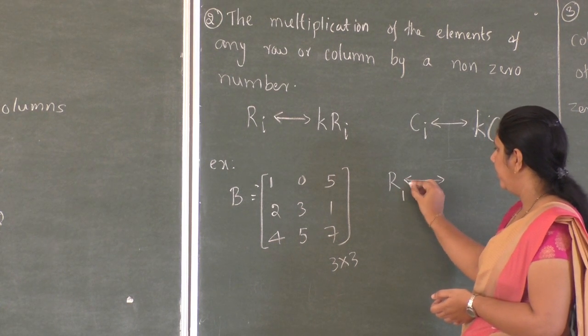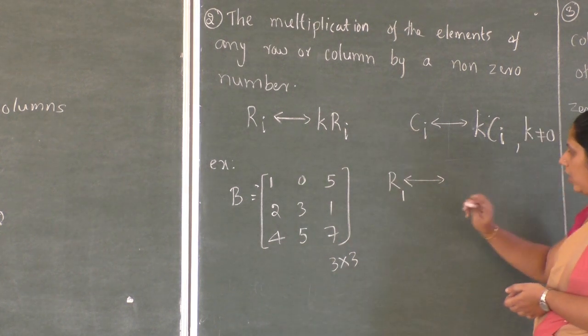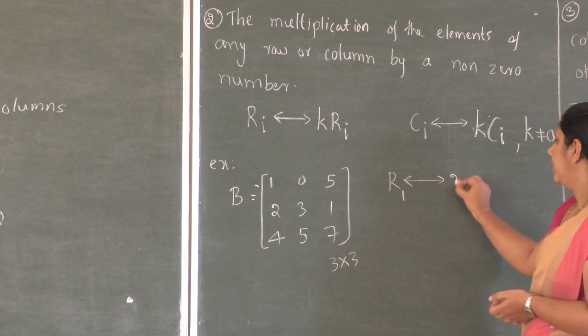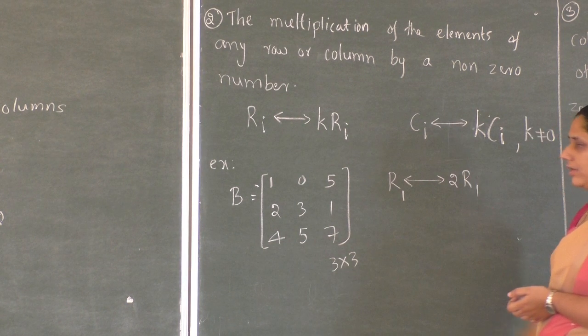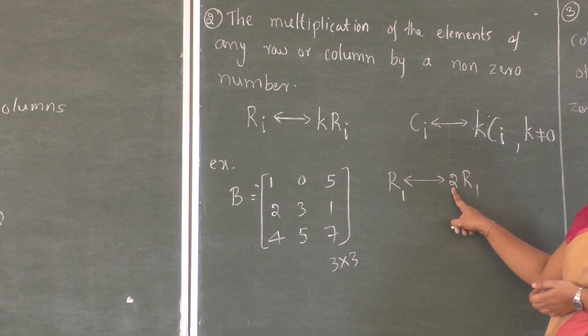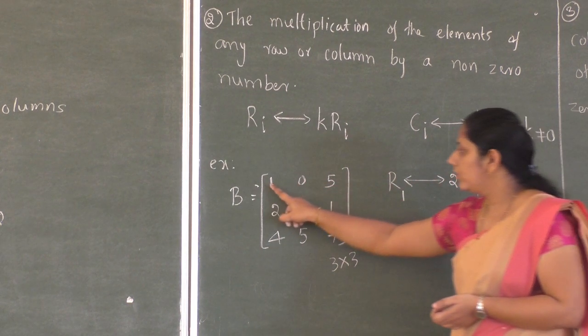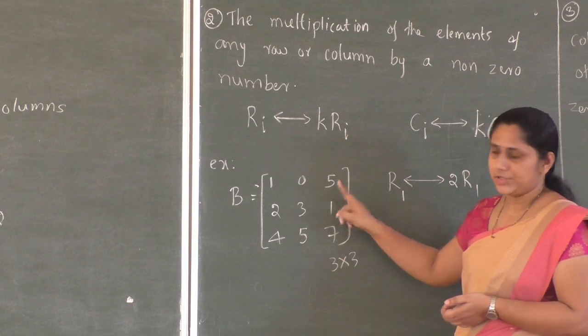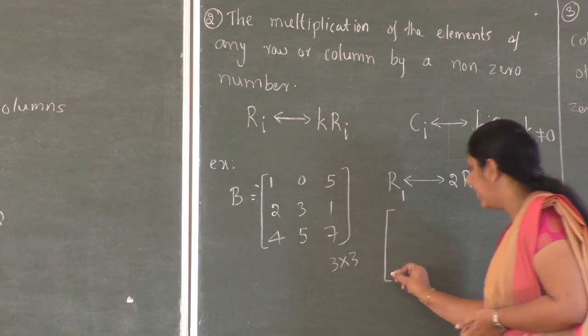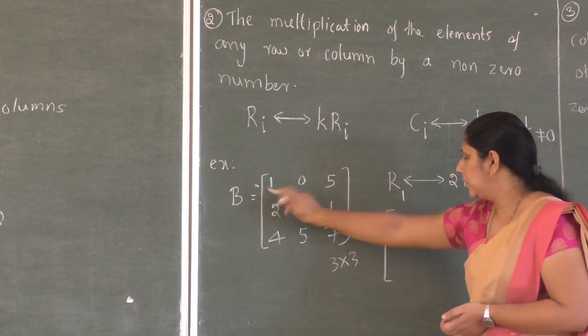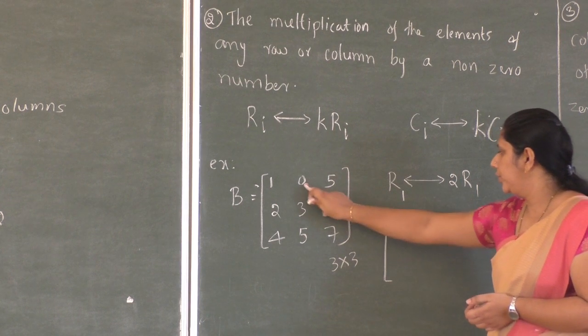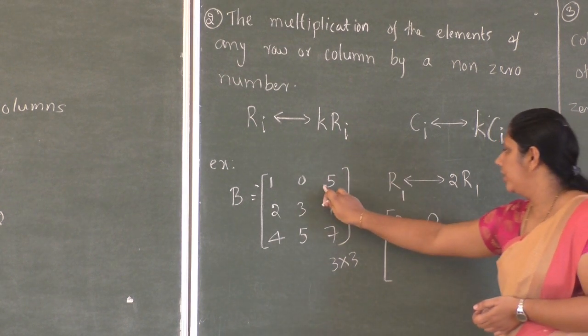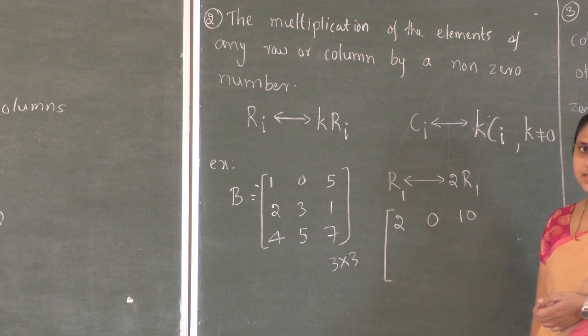So I will do the operation R1 goes to 2 times R1. That is, you have to multiply the number 2 to each element of the first row. So the resultant matrix is 2 into 1, 2, 2 into 0, 0, 2 into 5, 10. So this is the first row.